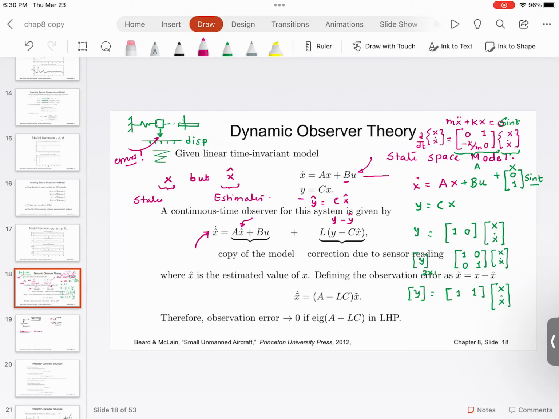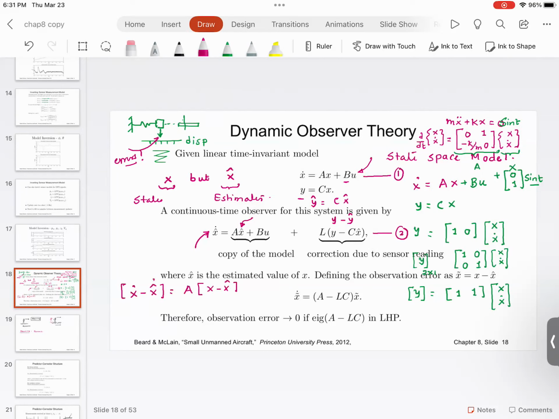So this is my original dynamics, equation 1, and this is my estimated dynamics. Do you agree with me? Now, if you subtract, clearly A is going to remain the same. So I'm going to have x dot minus x hat, A times x minus x hat.